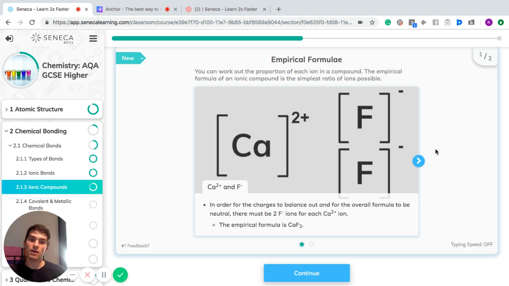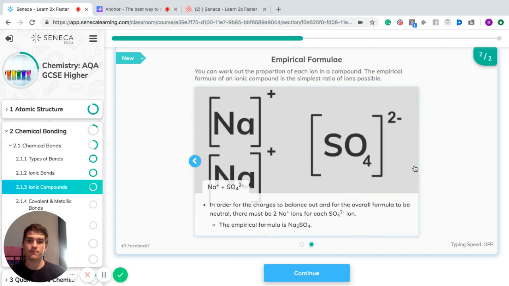Because 2 F- ions is the same as 1 Ca2+, because 2 plus and 2 minuses equal each other out. So we could say the empirical formula is CaF2. So that's 1 calcium, 2 fluorines.